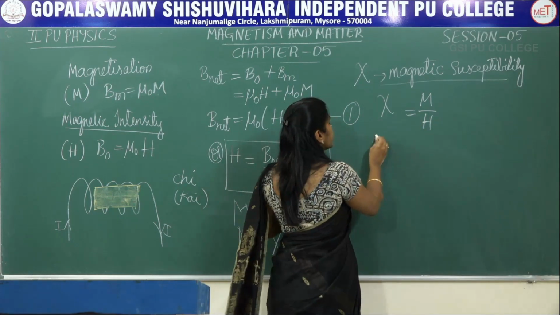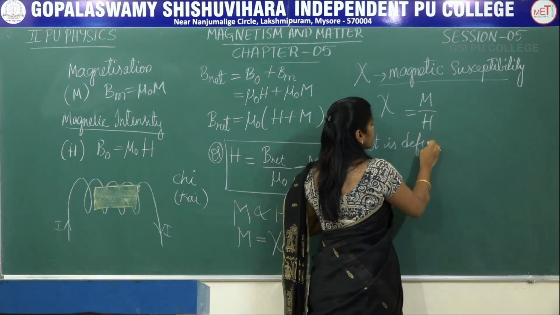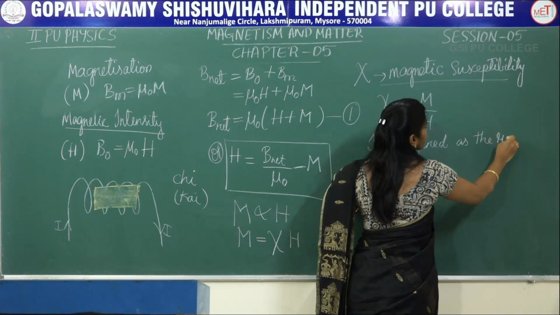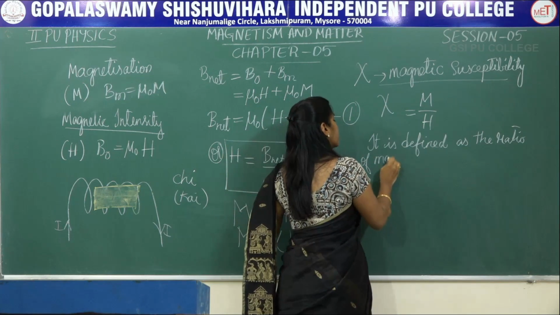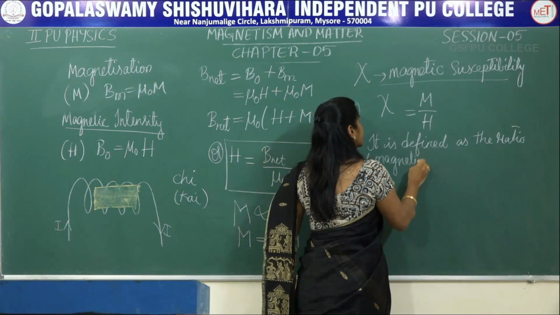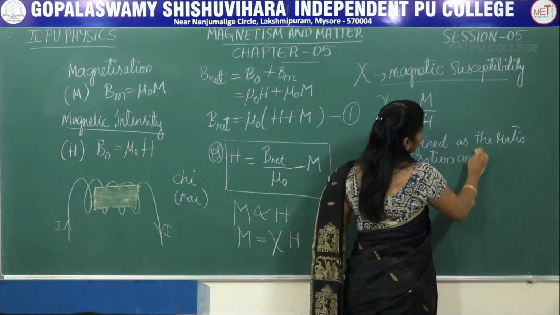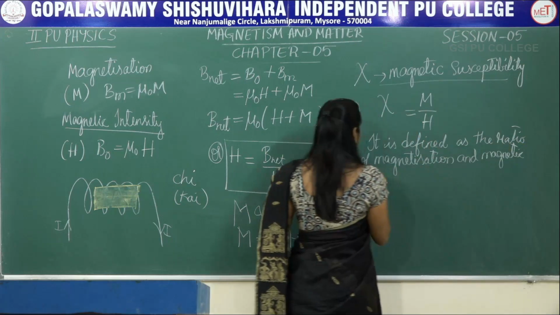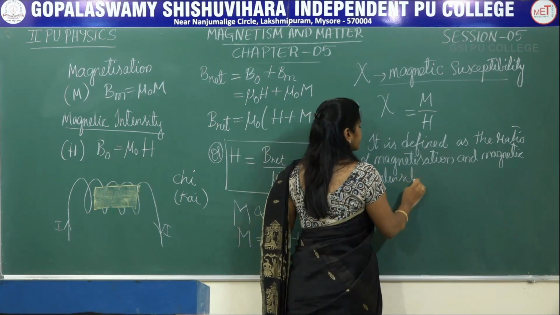So note down, it is defined as the ratio of magnetization and magnetic intensity.